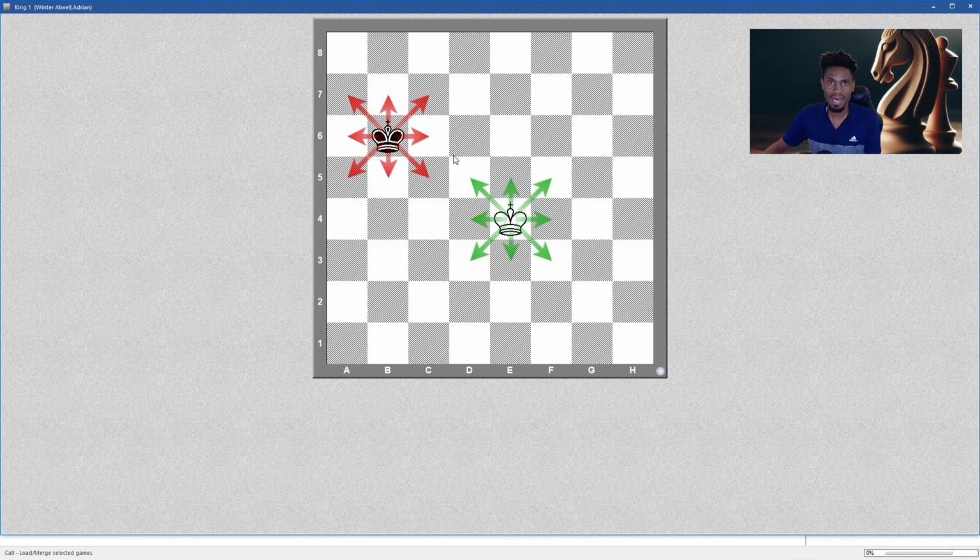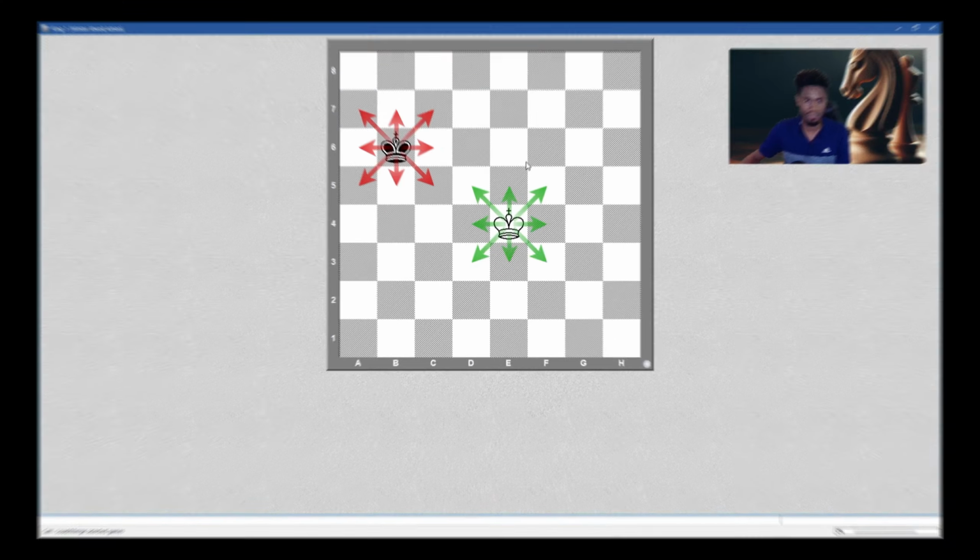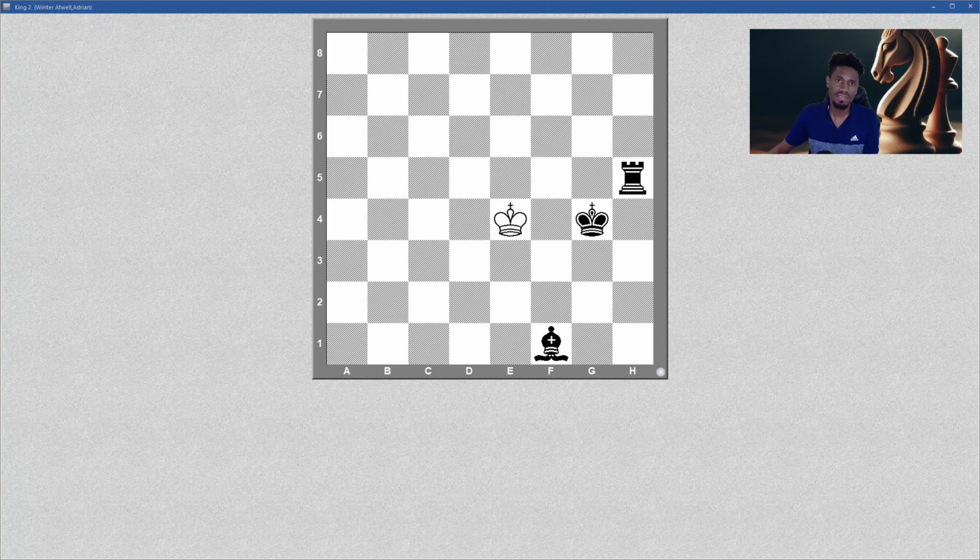Okay, so those are the basic rules that we have to learn about the king: how the king moves up, down, sideways, in diagonal, but only one step at a time. Now, let's see where the king can go and where the king cannot go. The king cannot go to places that are controlled by enemy pieces.